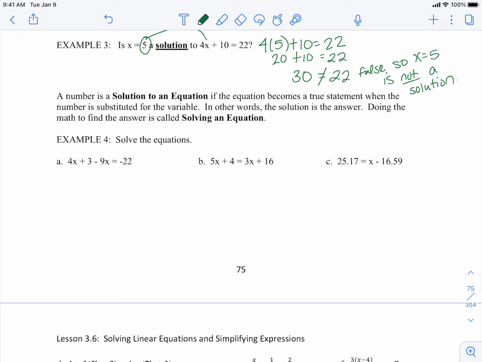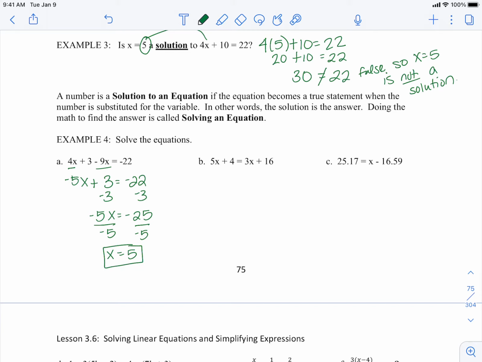So for this first one, we're going to combine our like terms first. 4x minus 9x is negative 5x plus 3 equals negative 22. Then we subtract 3. Negative 5x equals negative 25. Divide by negative 5. And x is equal to 5.